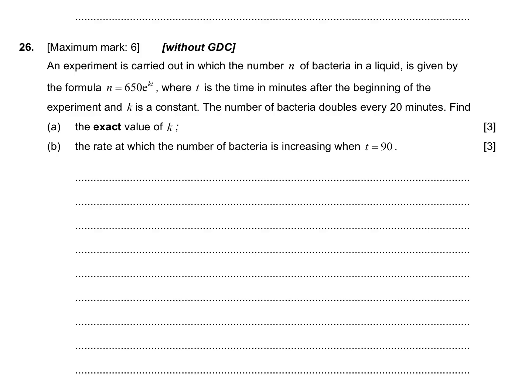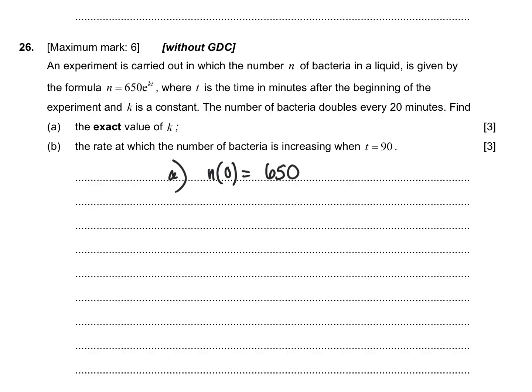T is minutes from the beginning of the experiment and K is constant. The number of bacteria doubles every 20 minutes. So for A, if we have N at 0, that's going to be 650 because it's going to be e to the 0.